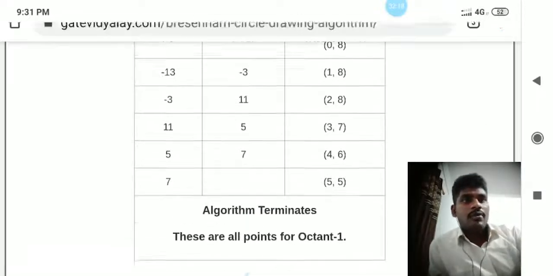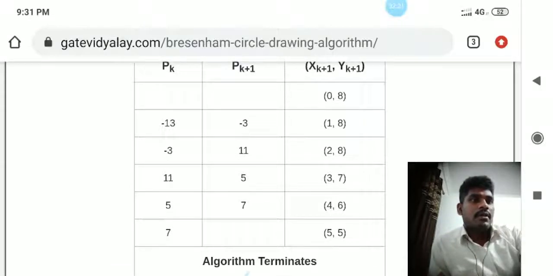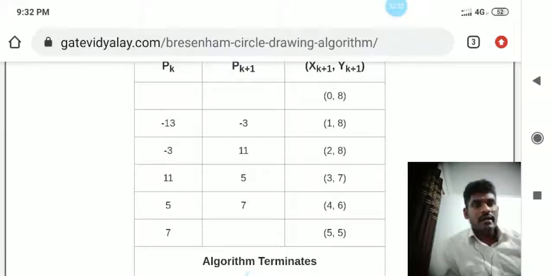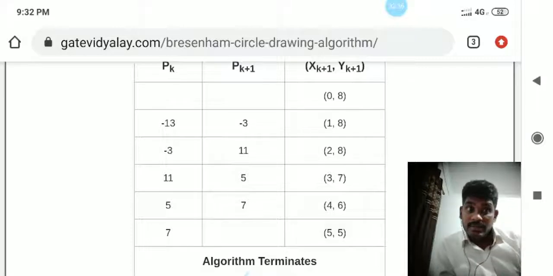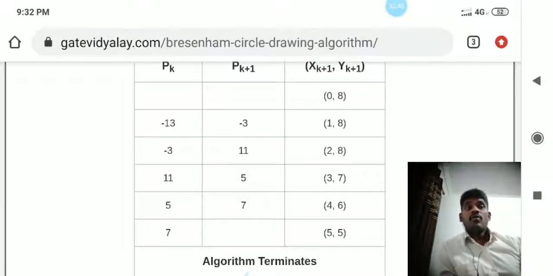Look at here. So first, minus 13. What is pk plus 1 value? Minus 3. So what are the x and y coordinates? 0, 8. I already told you, in case 1, x increases, y does not increase or decrease. The y value is the same in case 1.